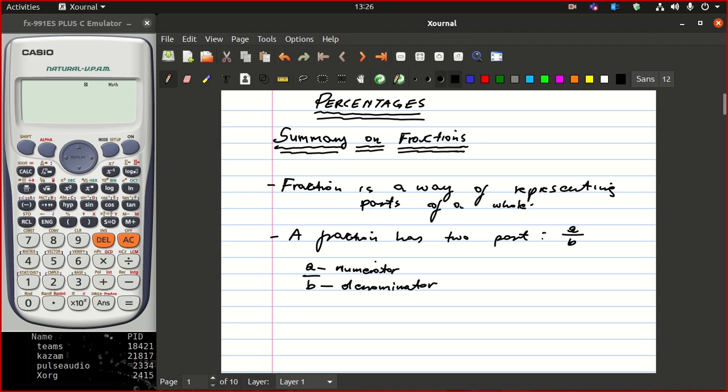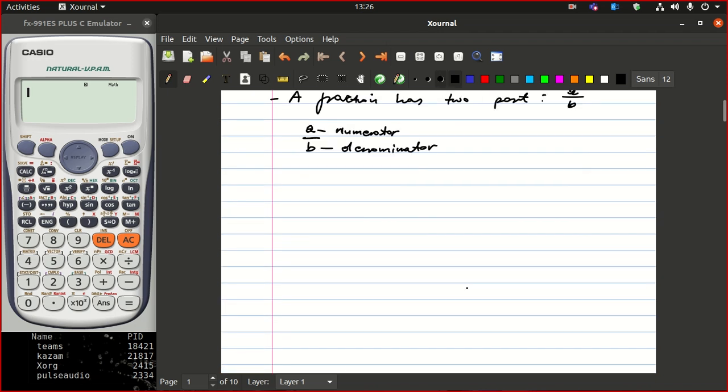Let me give you an example of what I mean by this. The numerator is how much you have, and the denominator is how many total equal parts the whole is divided into. Suppose you have 3 over 4.